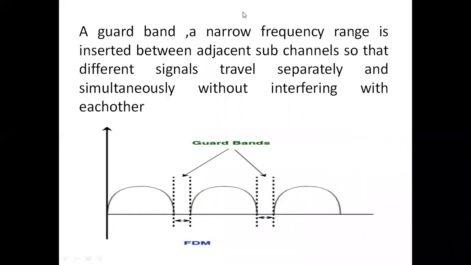Next, a guard band, which can also be called a narrow frequency range, is inserted between adjacent subchannels so that different signals travel separately and simultaneously without interfering with each other.